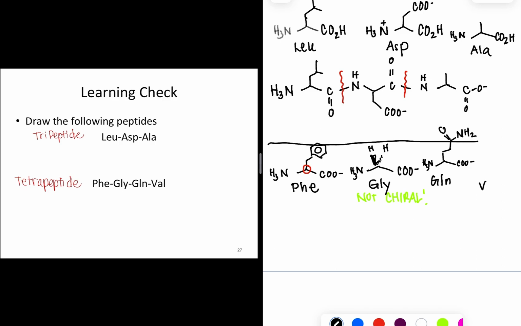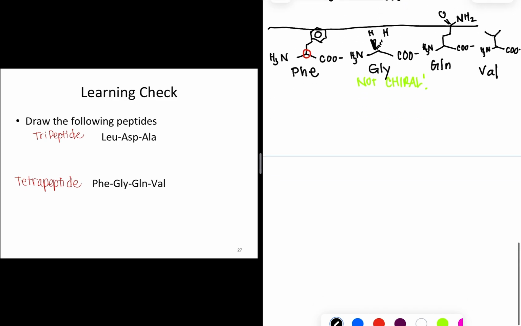And then we'll draw valine. That one has the isopropyl. And you can put all of these together, and I'll go ahead and do that down here. Hopefully I have enough space.